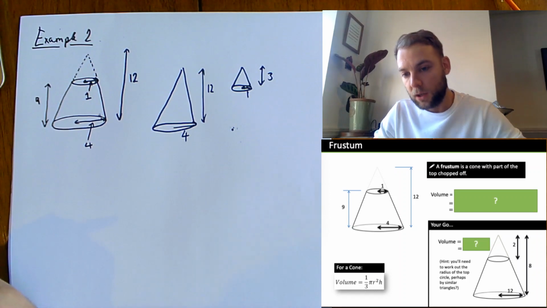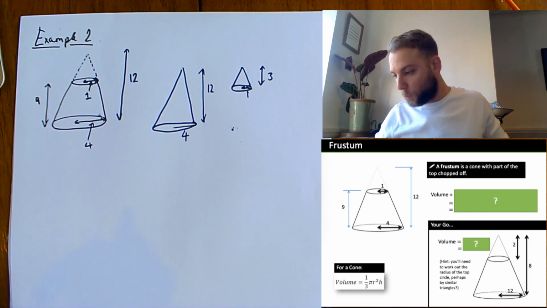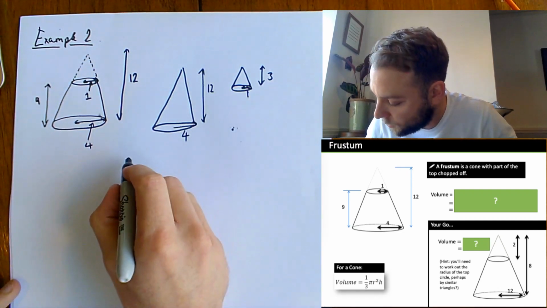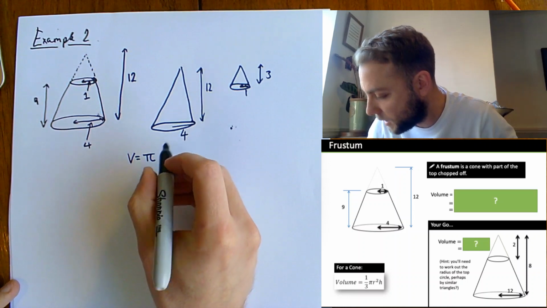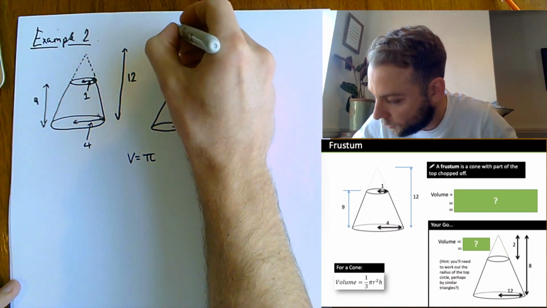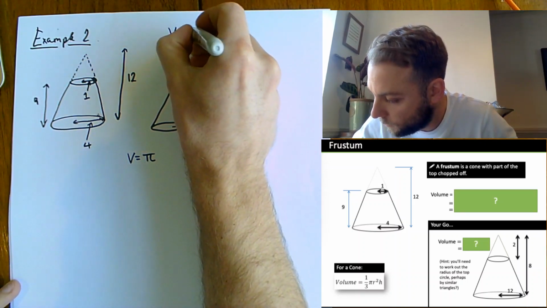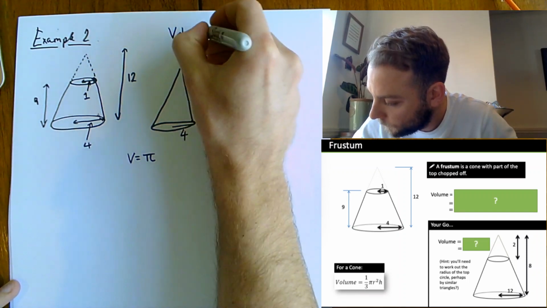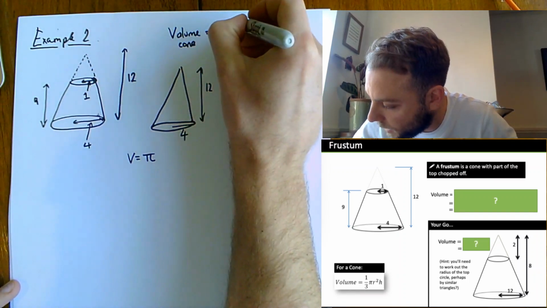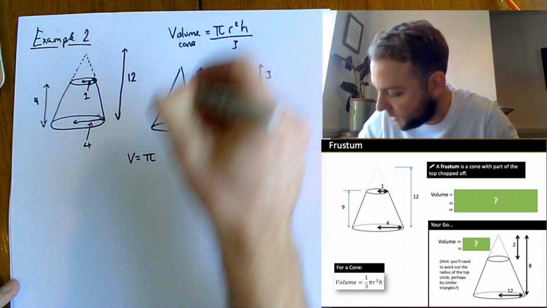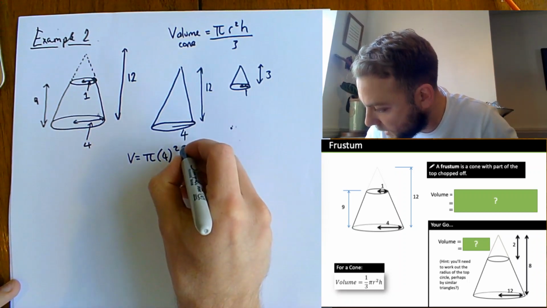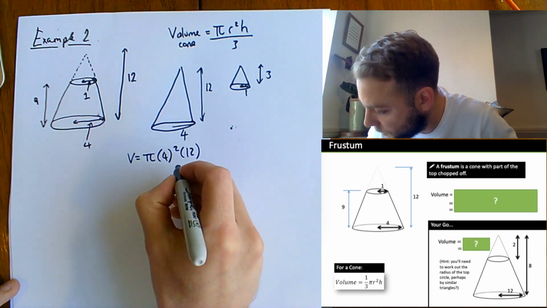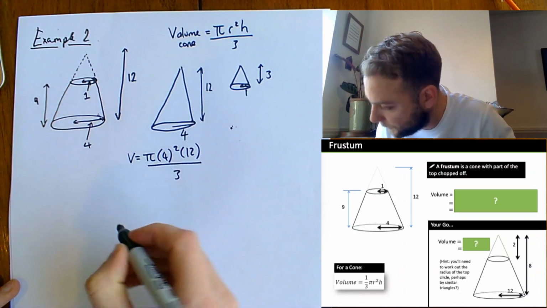Okay, so with this one here, we're going to work out the volume of this one. So the volume is equal to pi times by r squared. I'll just put that up here. Volume of a cone is equal to pi r squared times by h divided by 3. So it's going to be pi times by, in this case, 4 squared times by 12, all divided by 3.